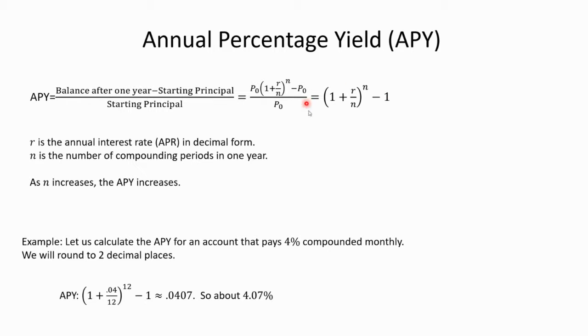Here, for instance, since it's compounded monthly, that tells us our N is 12, 12 months in a year. And since the account is paying 4%, which is the APR, that tells us R is 0.04. Okay, that makes sense. Thank you. You're welcome. Good question. Any other questions?